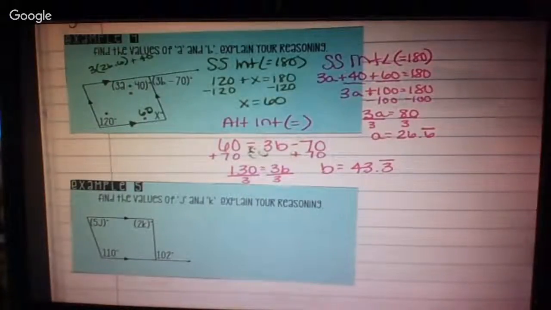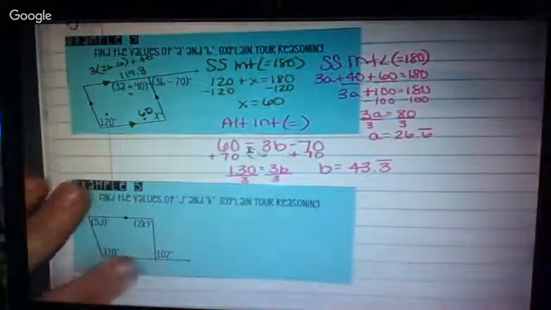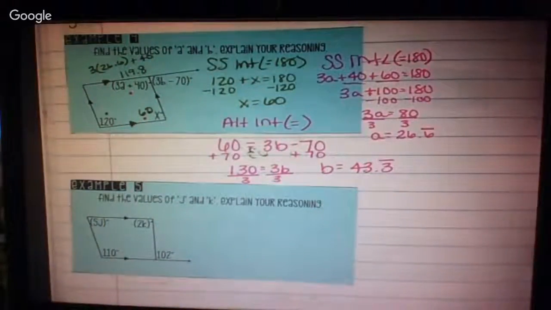That means that this angle was 119.8 technically. It's only because that 0.6 repeated. So it might be off by like point something.